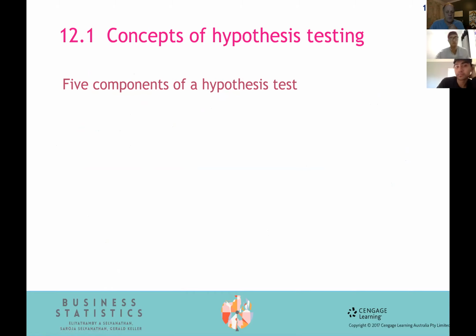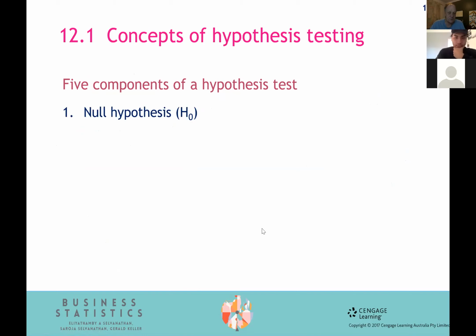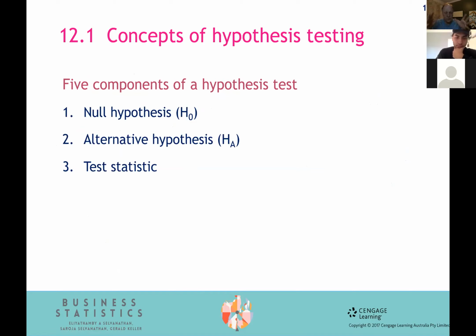There are 5 components. You have to state the null hypothesis. You have to state the alternative hypothesis. Then you have to decide on a test statistic. In our case, it will relate to the distribution of the statistic, and we'll have to draw conclusions from that.